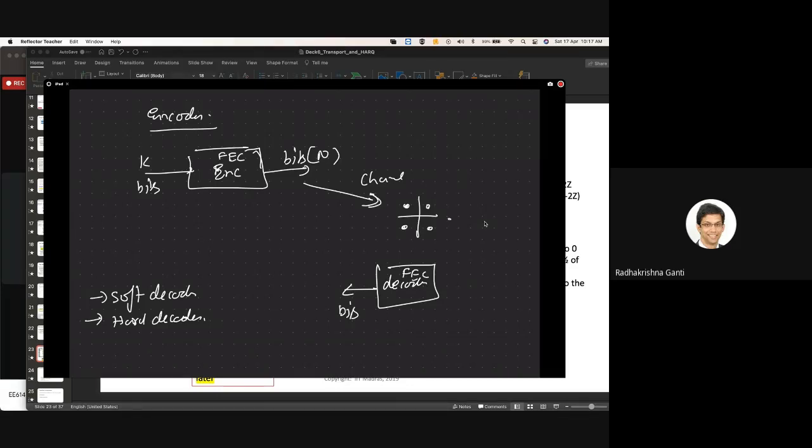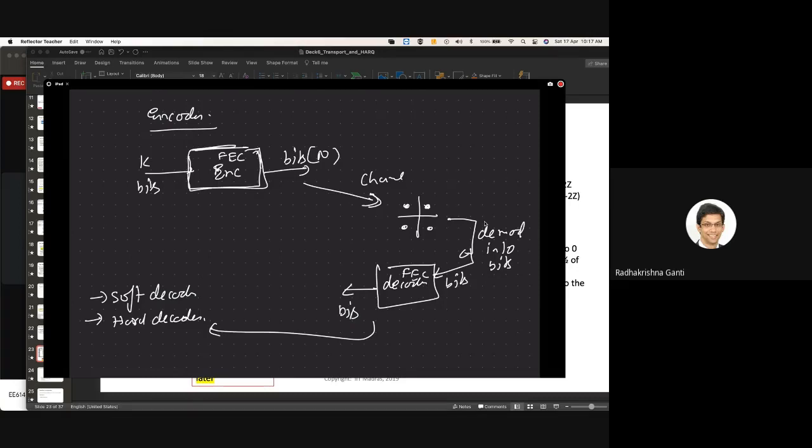After you get your constellation points, you demodulate them into bits, and then pass them through your decoder. This is called a hard decoder. Yeah, this is very straightforward. Decoder input is bits and the output is also bits, exactly the inverse of what is in your encoder.